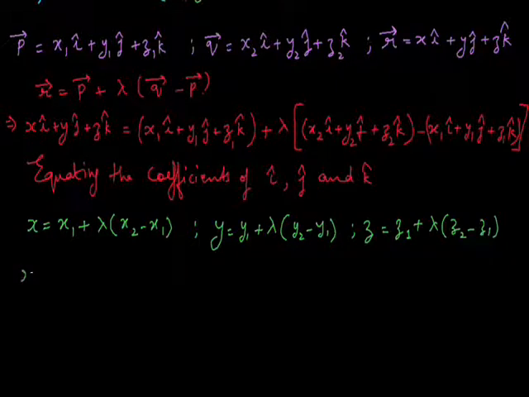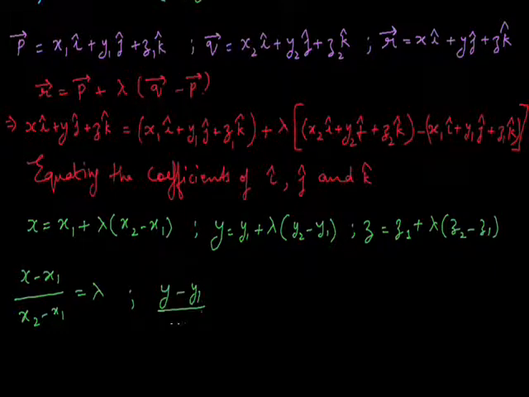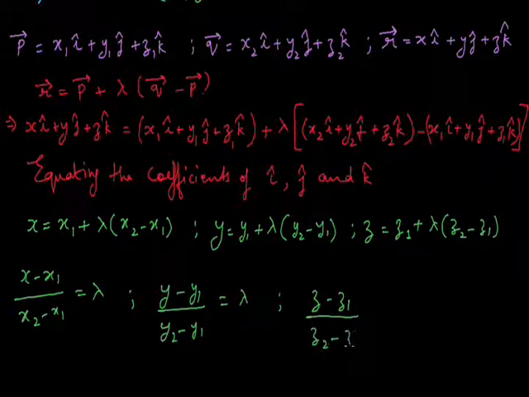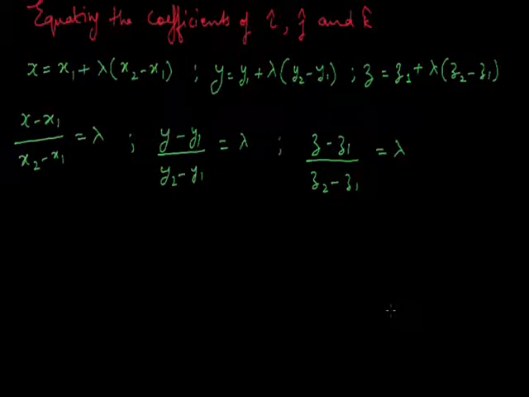On simplification, you will get x minus x1 upon x2 minus x1 equals lambda, y minus y1 upon y2 minus y1 equals lambda, and z minus z1 upon z2 minus z1 equals lambda. From here you can see that the RHS part is equal, so we can equate the LHS part also.